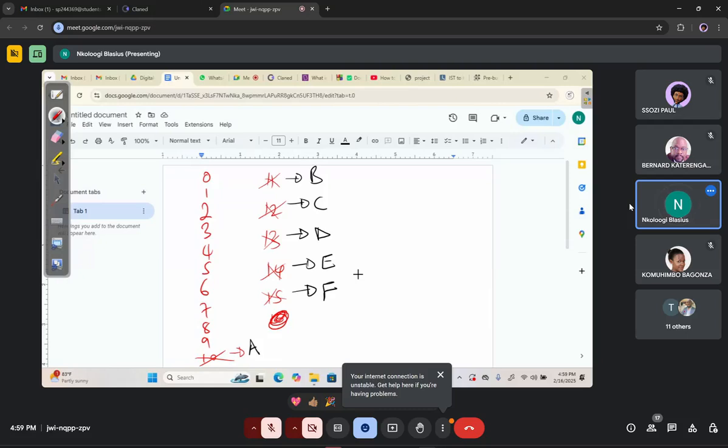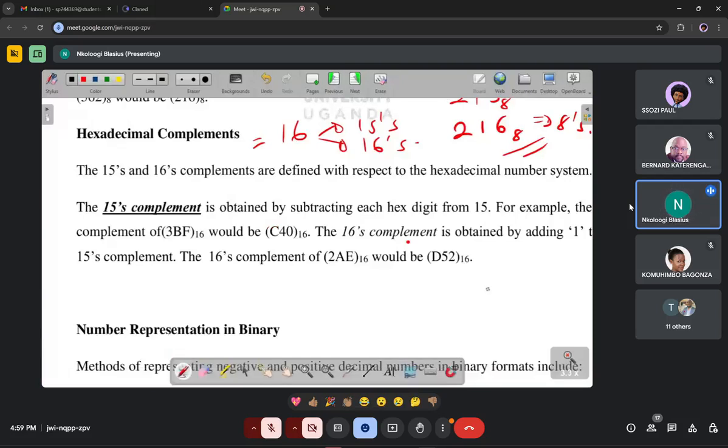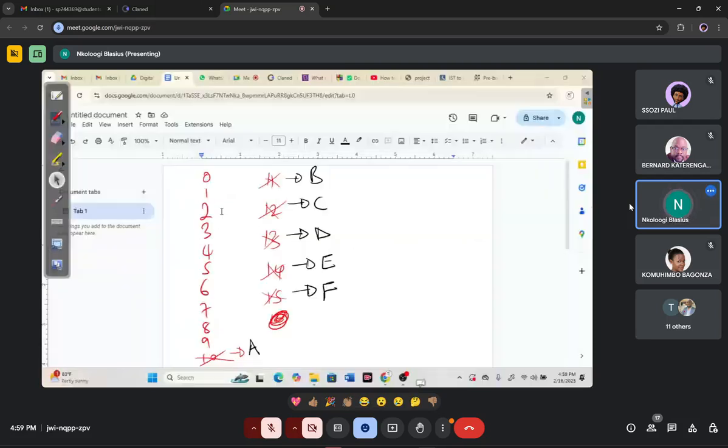Okay, so having mastered this, let me go back to our example. Let me just have maybe a simple example from this side.